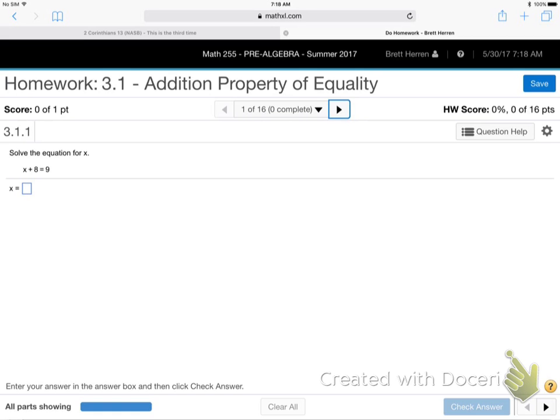All right. So, okay. So we're solving equations there. X plus 8 equals 9. We're moving into equations. So you guys are laughing at that one, huh? It's an easy question. So, let's just talk about equations in general. We're moving into the world of equations here.